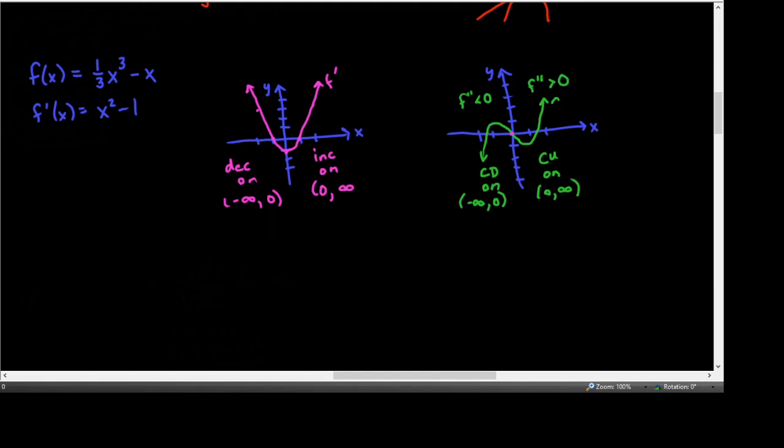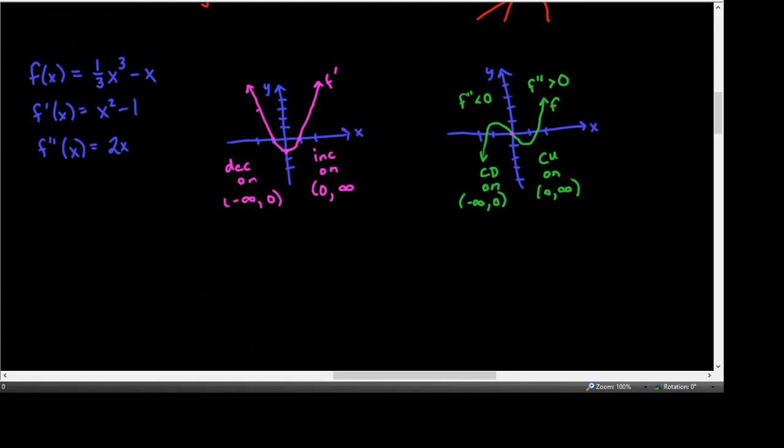And again, this is the graph of f itself. Just like the first derivative number line analysis gave us information about the increasing and decreasing behavior, the second derivative number line analysis will give us information about concavity.